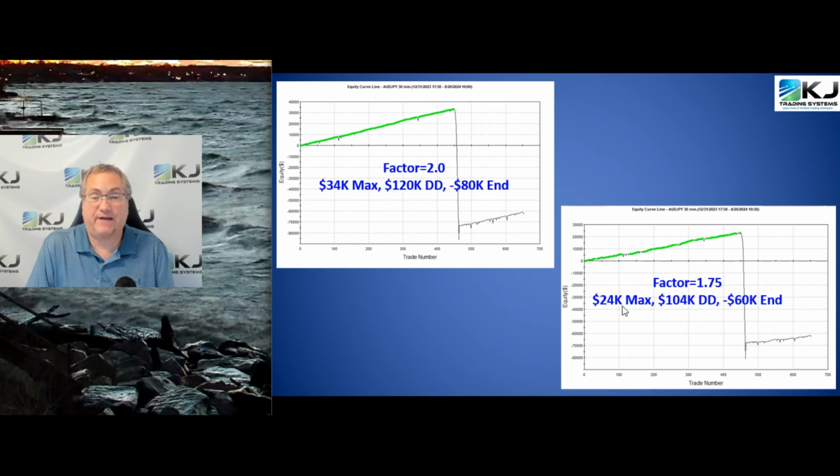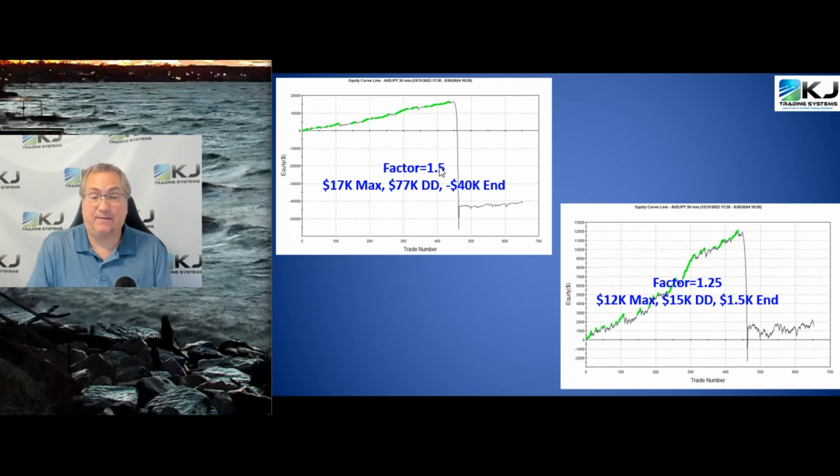Less profit, less max profit, less drawdown, less loss at the end. And then I went even further, tried a 1.5 factor, a 1.25 factor. Things keep getting better. But even with the 1.25, it still collapsed.